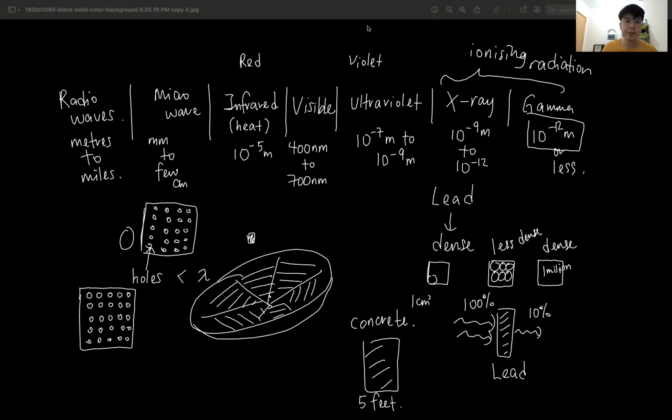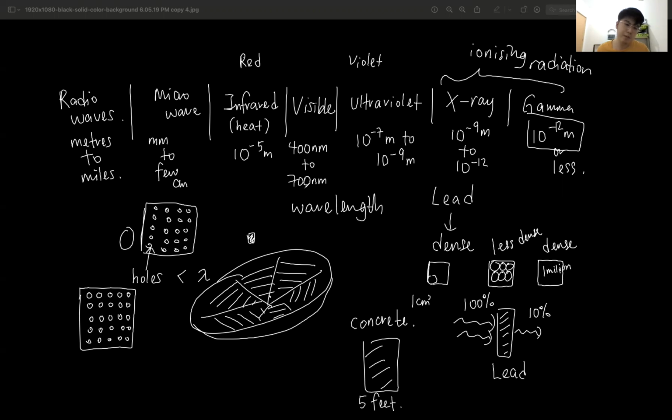So in this spectrum, now when I say light, it can mean radio wave, microwave, infrared, not just visible light. Light is a general term for all the EM waves. Visible light is just a portion of it. What's different in this spectrum is only the wavelength or the frequency.